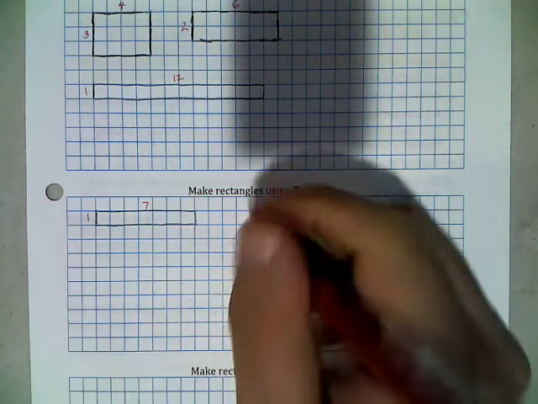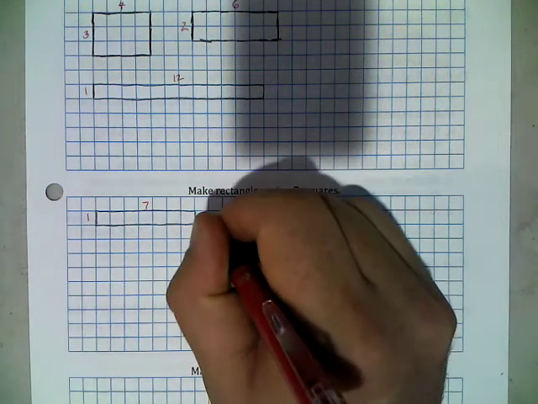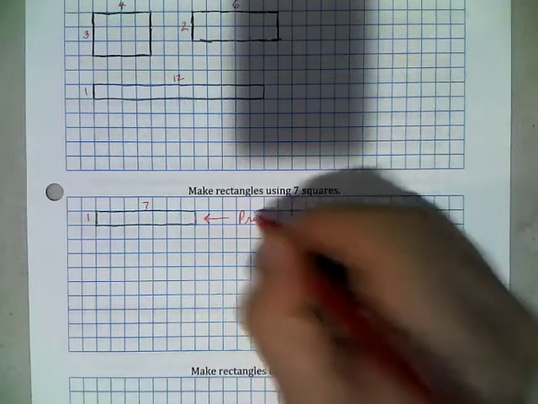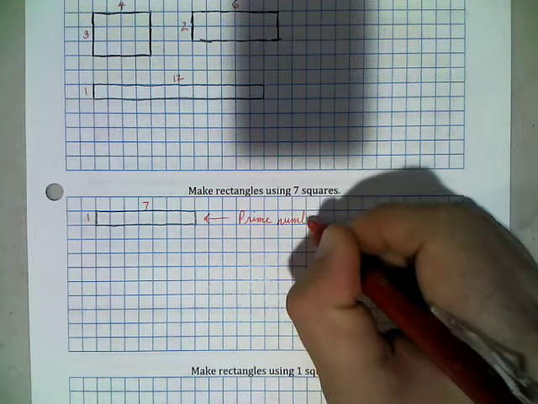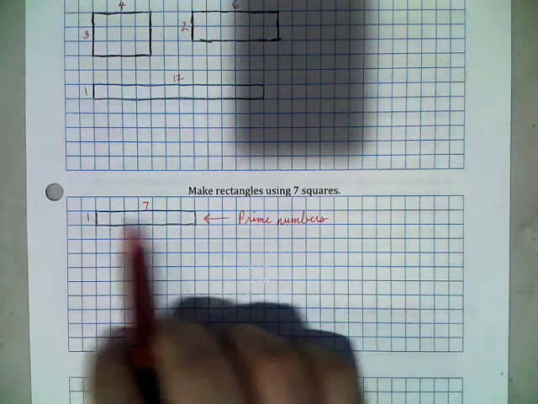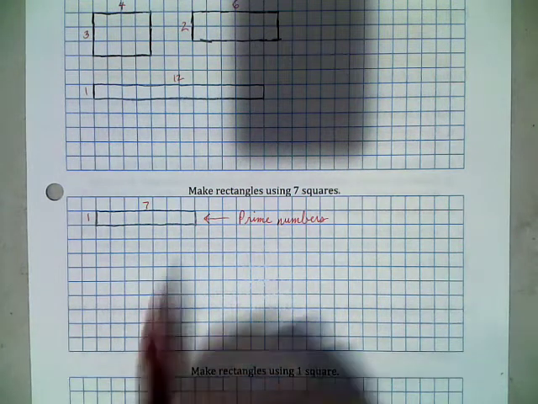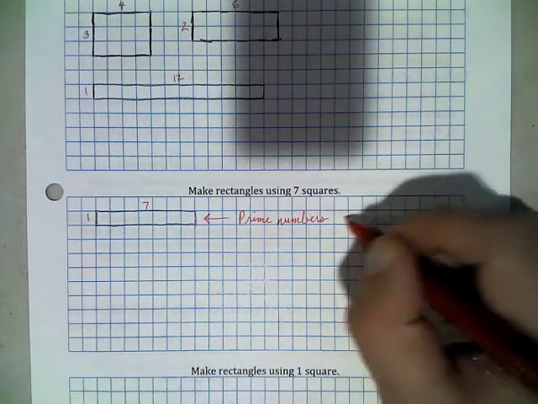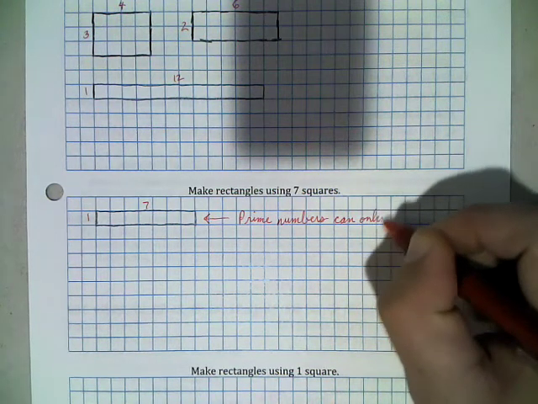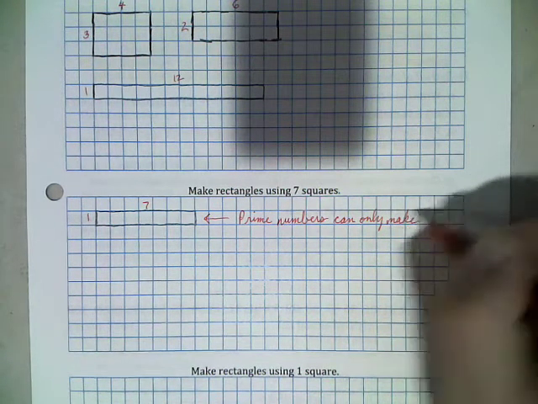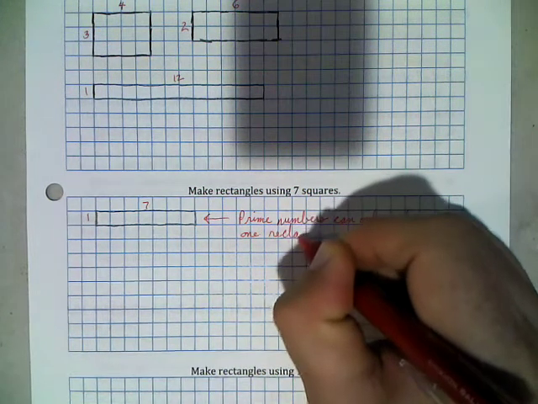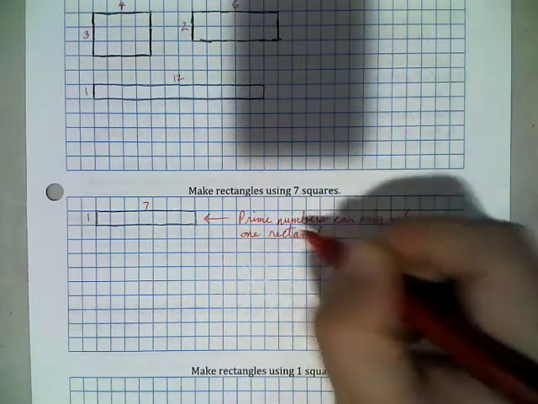So this number here, 7, is prime. And when we represent it symbolically or with an example like this, prime numbers are numbers where we can only make 1 rectangle. There's only 1 arrangement.